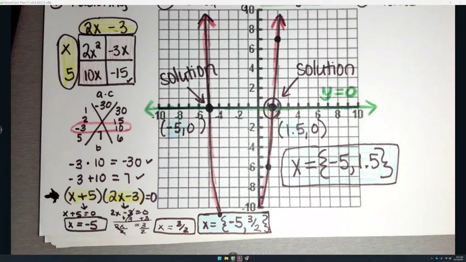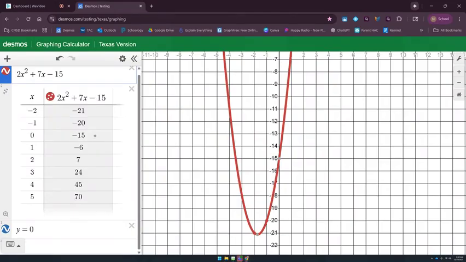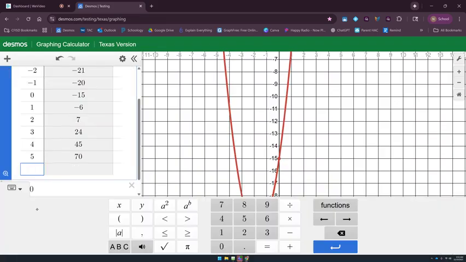Okay, now let's look at the table, solved by a table. So we're looking at the table again, and notice that we did not get our solution, which was negative 5, right?